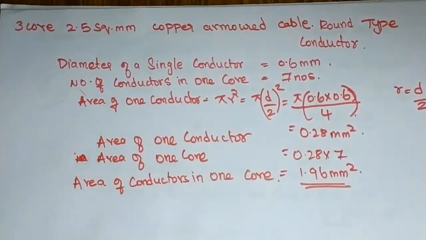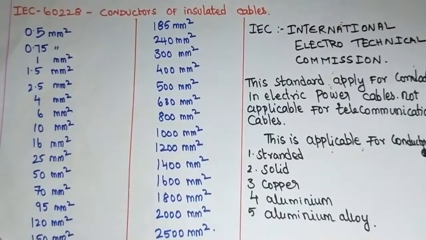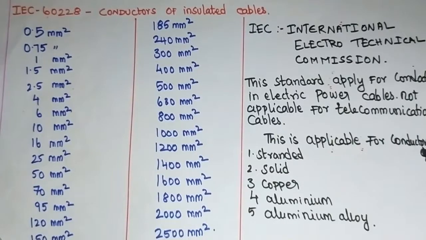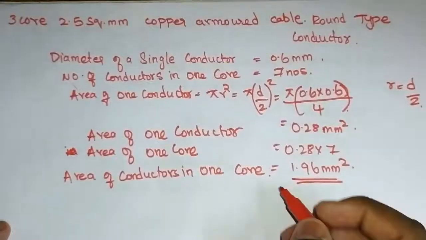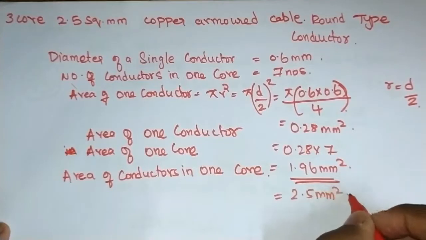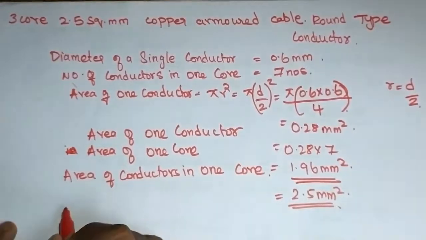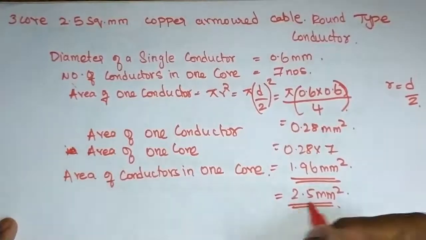So we have to check with the list of standards whether this size is available, and the result obtained was 1.96, and the next standard size is 2.5 square mm. So we have found that the cable we took for checking is a 2.5 square mm cable.